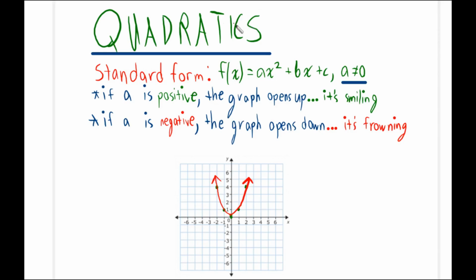And another way we can write this is if a is greater than 0, the graph opens up because anything greater than 0 is positive. In the same way, we can say if a is negative, a is less than 0 because anything less than 0 is negative.